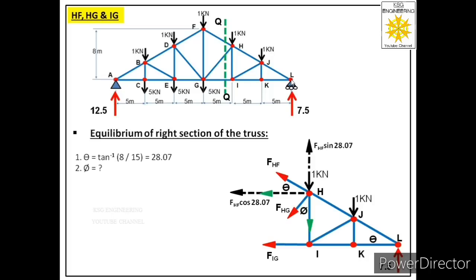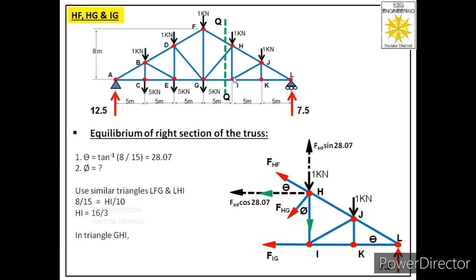So in order to find phi, we will use similar triangles LFG and LHI. So we will say perpendicular upon base, that is 8 by 15 for bigger triangle, is equal to perpendicular, that is HI, upon base, that is 10 for smaller triangle. So from here we will get value of HI, that will be equal to 16 by 3. So we got the length of this member, that is HI.